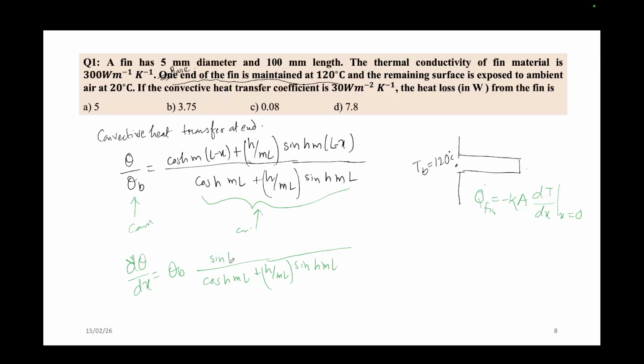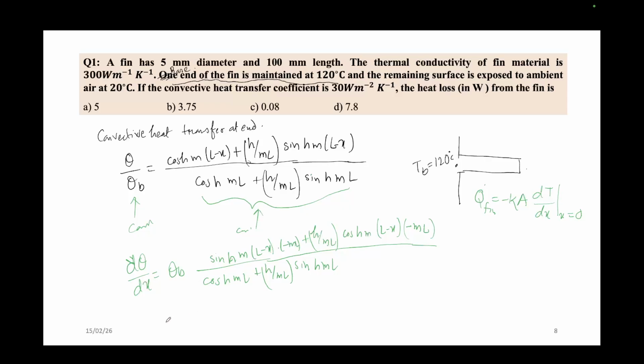Sin h, and the full derivative comes to minus m. In this part, h by mk is constant. Similarly, it would be cos h m(l minus x) into minus m. Minus ml, sorry, right?